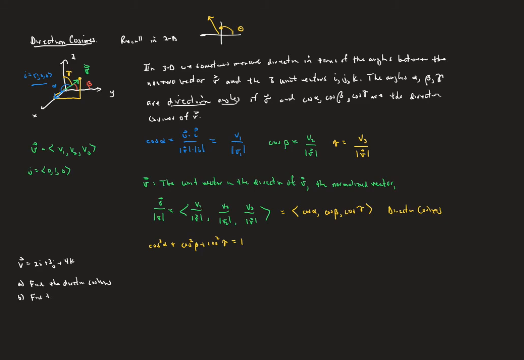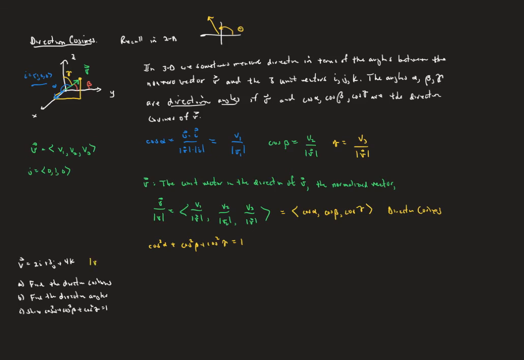I want to know what is alpha, beta, and gamma. And then finally, show that cosine squared alpha plus cosine squared beta plus cosine squared gamma really is actually equal to 1. So direction cosines, this actually isn't too bad.